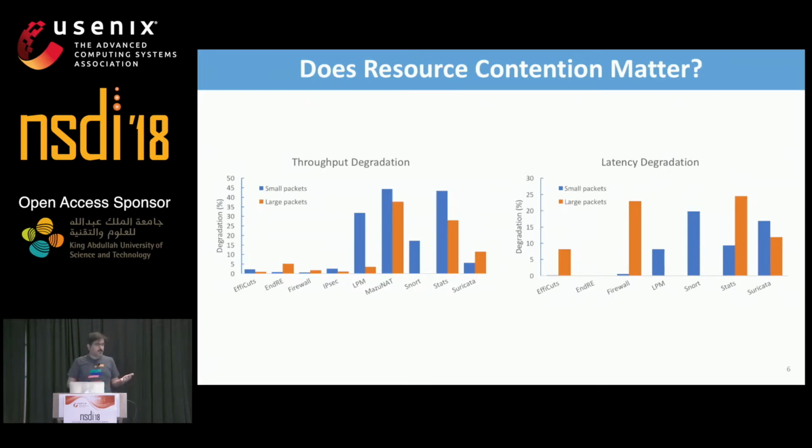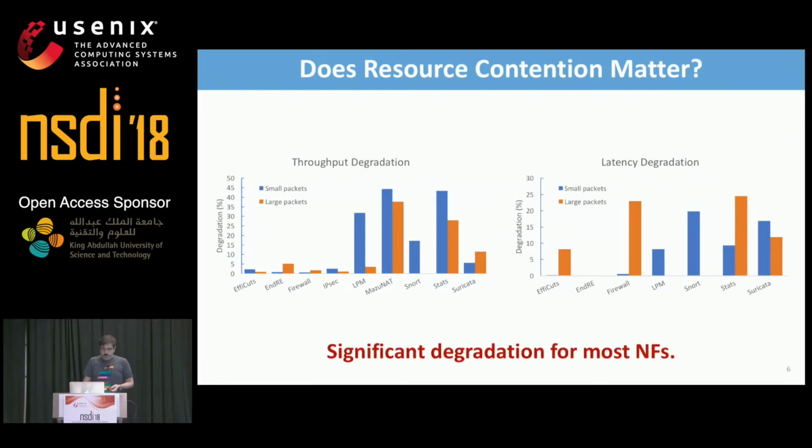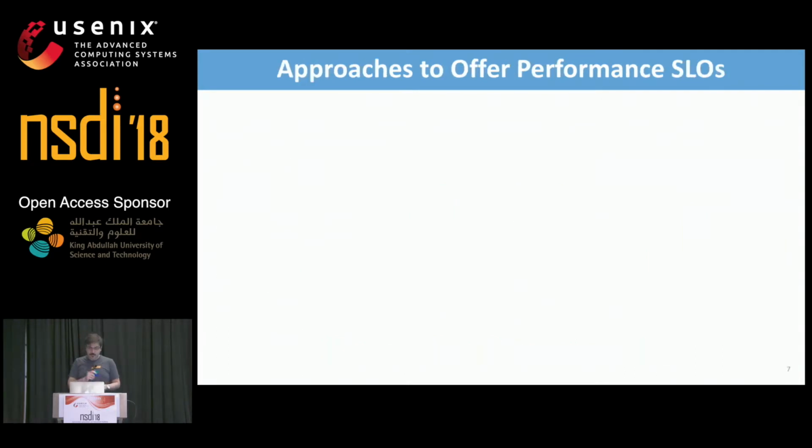The degradation could be up to around 45% for throughput and 25% for latency. So in conclusion, this is a real problem. We see significant degradation with realistic traffic and realistic NFs, and not with synthetic workloads.